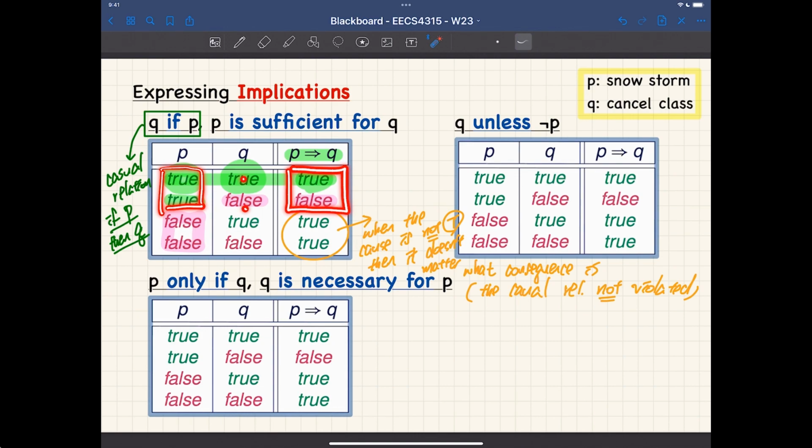Because when we talk about causal relationship, we're saying that the obligation should only matter if the cause is already true. Otherwise, it doesn't really matter what this is, given that the cause is already false. There's no obligation for the consequence to be true. Yes, that's another way to see that. Alrighty, so we are done with that.